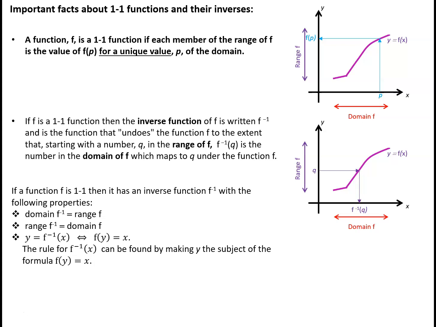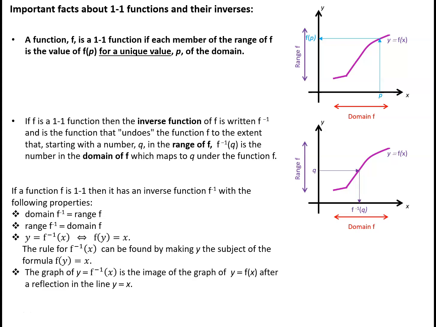And this means that the rule for f to the minus 1 of x can be found by making y the subject of the formula f of y equals x. The graph of y equals f inverse of x is the image of the graph of y equals f of x after a reflection in the line y equals x.